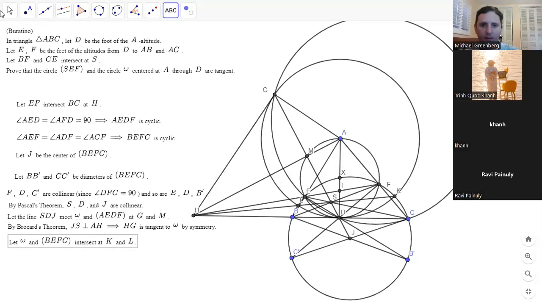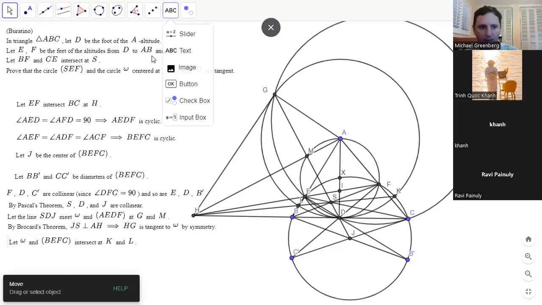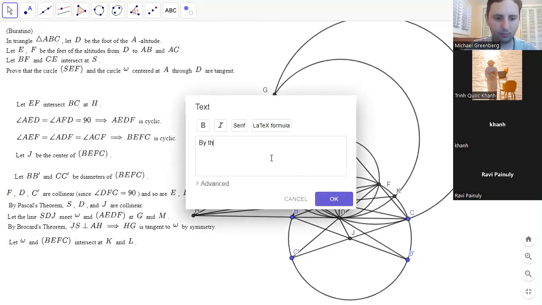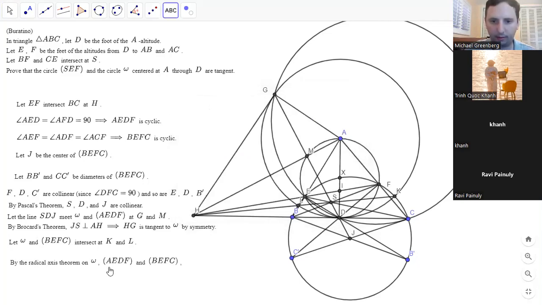By the radical axis theorem on omega, AEDF, and BEFC, we have H, L, and K are collinear.